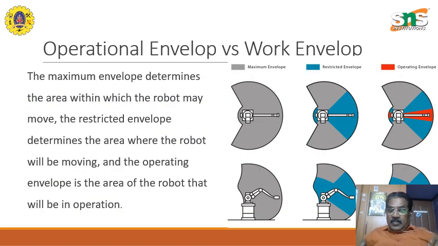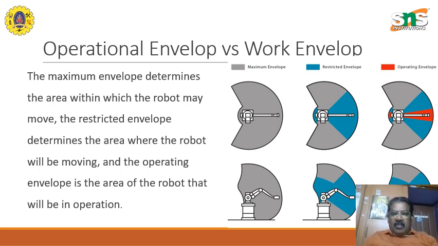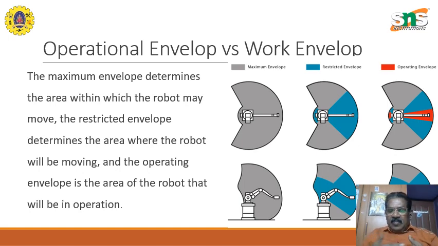Now there is a difference between the operational envelope and the work envelope, which is important to understand. The maximum envelope is determined by the area within which the robot may move. There is also a restricted envelope, where we put a fencing so that the operator can come and just place the object and move away.